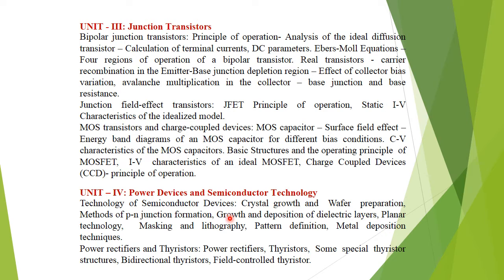And the third unit is junction transistors. Bipolar junction transistors, principles of operation, analysis of ideal diffusion transistor, calculations of terminal current, DC parameters, Ebers-Moll equations, 4 regions of operation of bipolar transistor, real transistor, carrier recombination in the emitter base junction depletion region, effect of collector bias variation, avalanche multiplication in the collector base junction and base resistance.